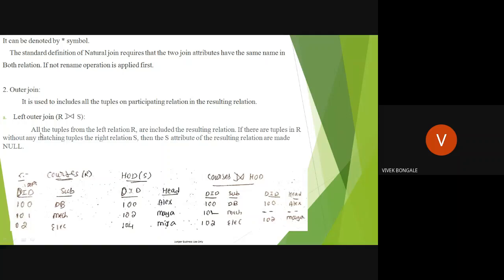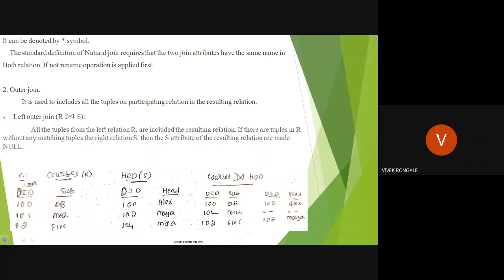Then only can we apply an outer join operation. So to apply outer join, the attribute name in both tables should be the same. If not, we apply a rename operation and change one of the attribute names to be the same as the other table.